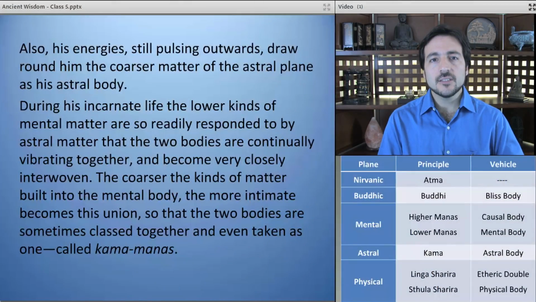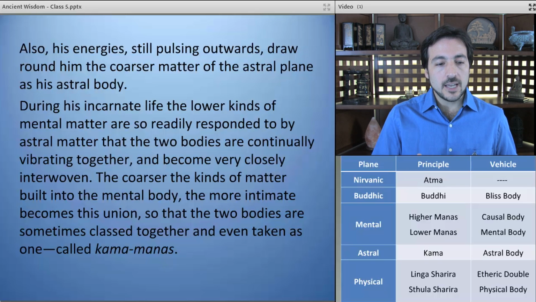And there is an affinity between the emotional body and the mental body, especially if the mental body is made of matter that belongs to the lower subplanes of the mental plane. In those cases, the lower you go in the mental plane, the more in tune that matter is with the emotional matter.